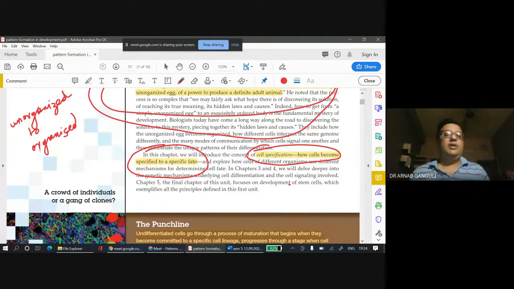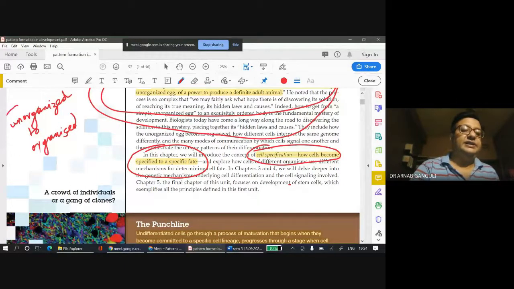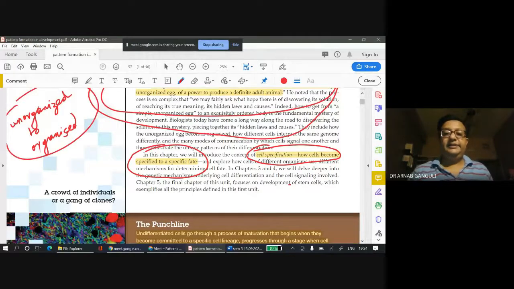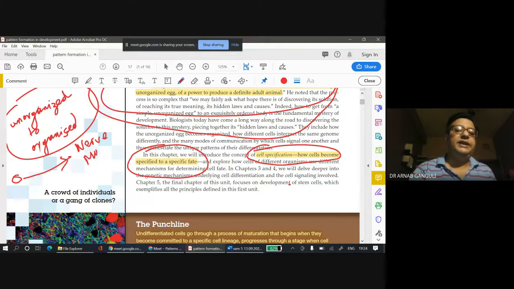They become from unorganized to organized. That is, a particular cell becomes specified to form either a nerve cell or a muscle cell. And this is known as being specified to form a type of cell. So this chapter will study all these things.